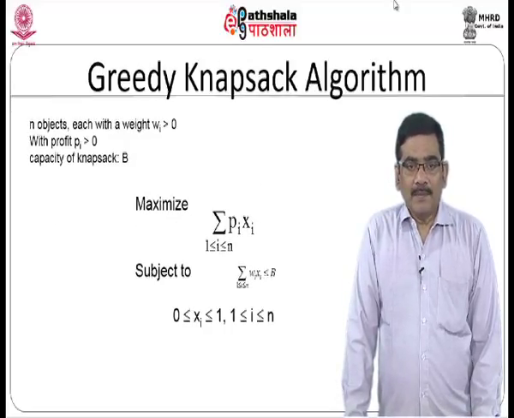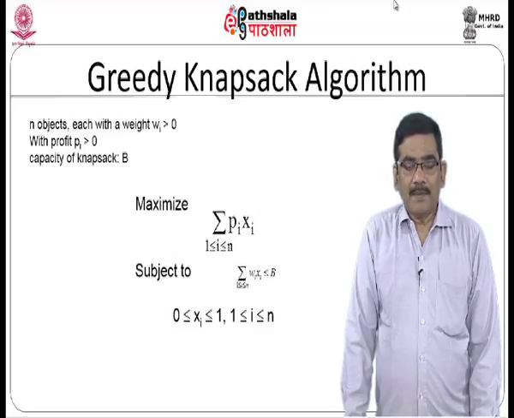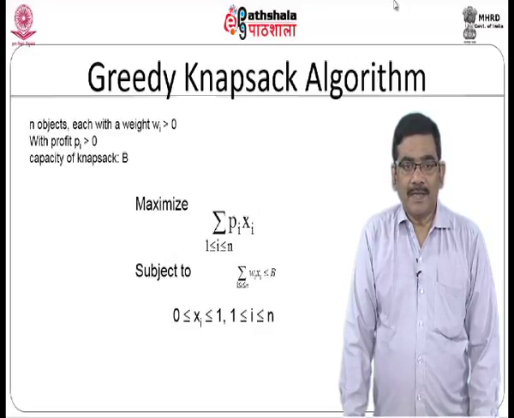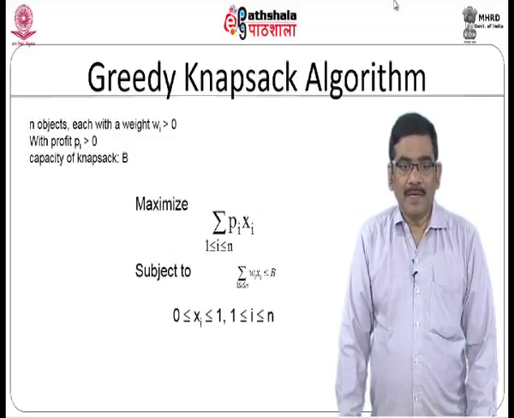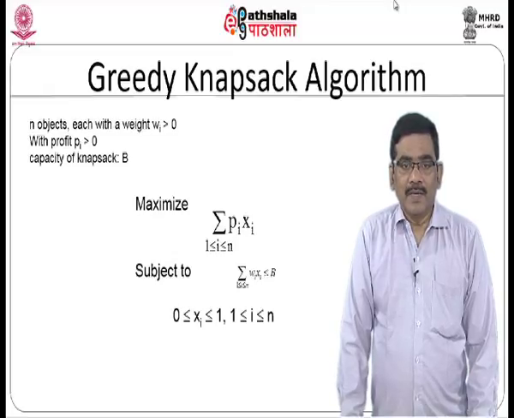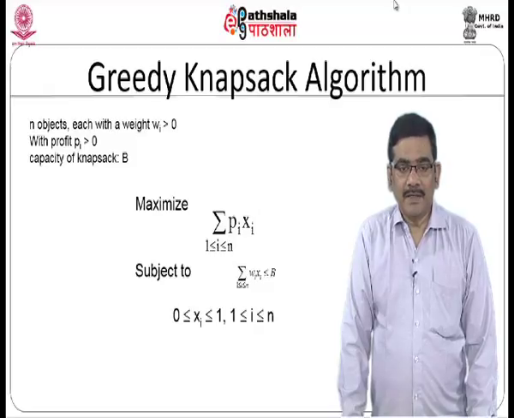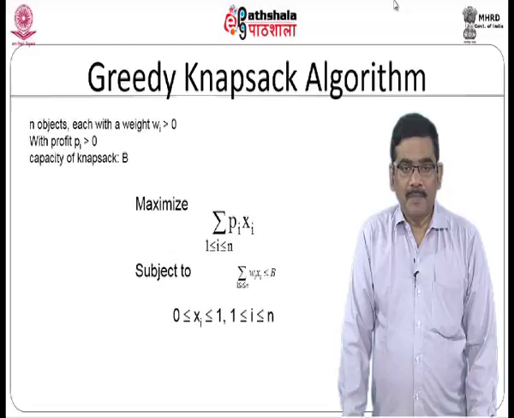We will take one simple example of the knapsack problem, and then we will try to design an approximation algorithm. Let us assume that we have n objects, each of weight Wi. Each item has a profit P of i.